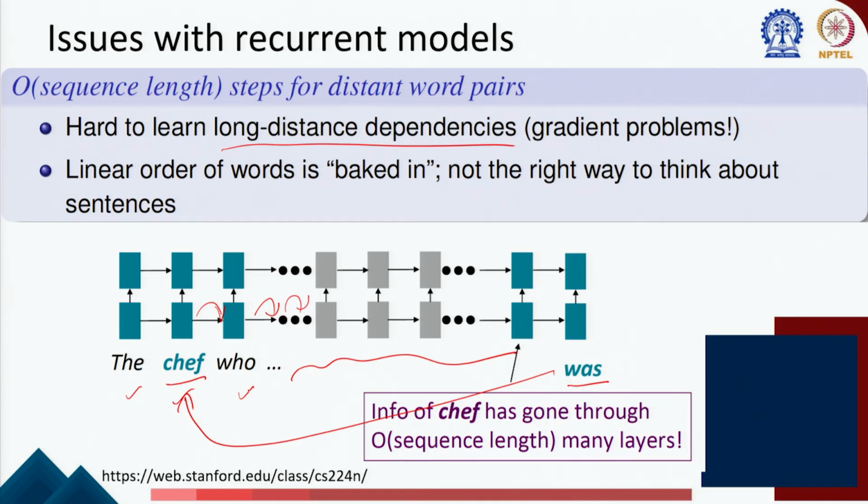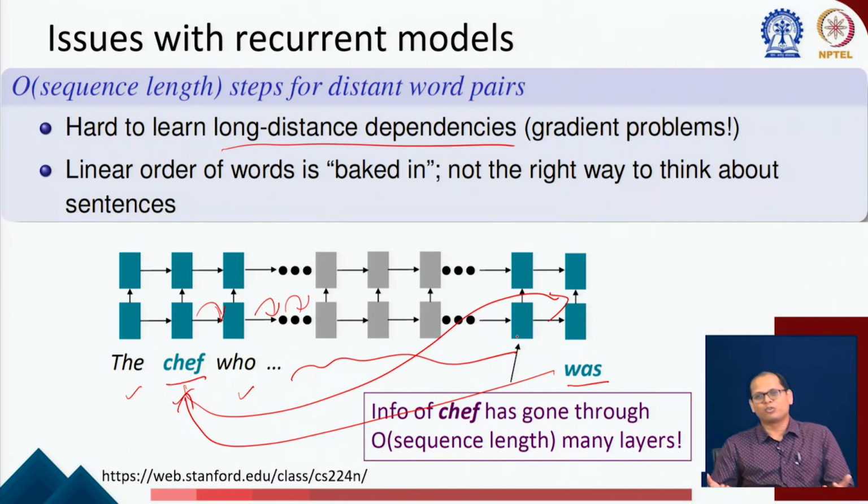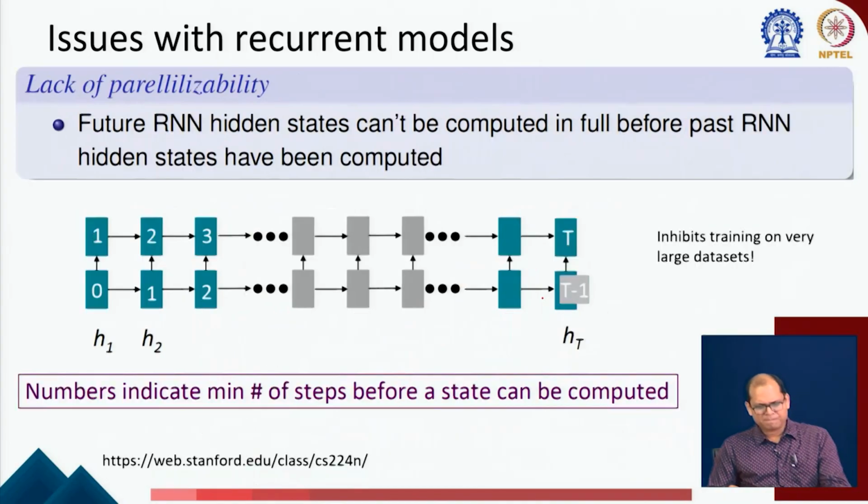Is this the right way to think about sequences? Do we always have to go in a linear order of words? Can I do something different? Can I have a direct connection from chef to here? That would be better. If watch could have directly attended to chef, that would have been better, but that's not possible in the case of RNN or LSTMs.